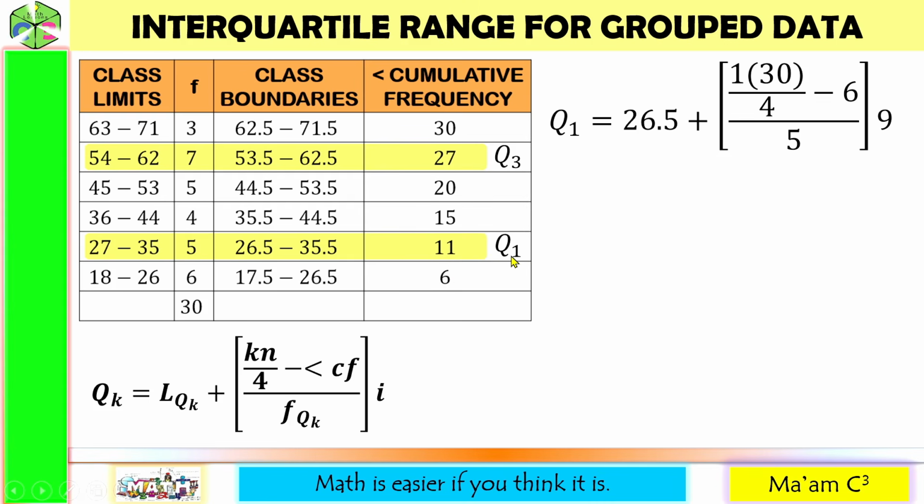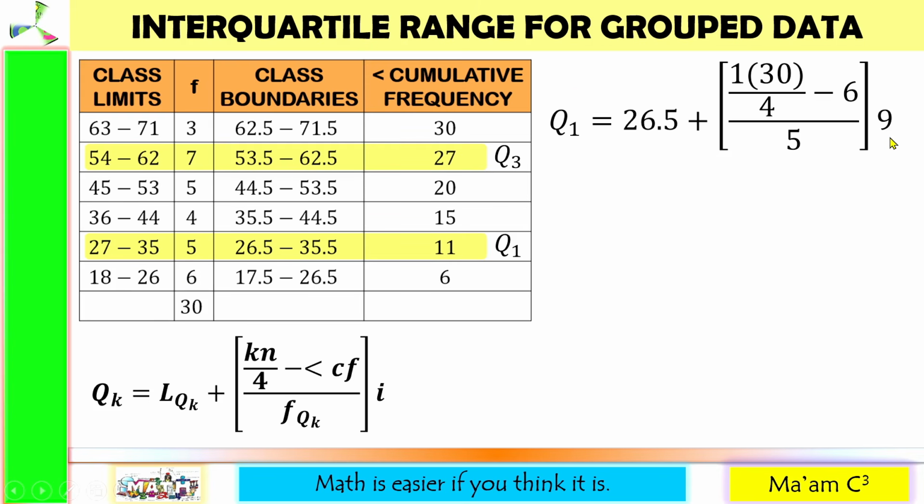If this is the quartile class, the class previous to it is this one. So the less than cumulative frequency is 6. Divided by the frequency of the quartile class, which is 5, times i, which is the class width. Again, for the class width, we simply subtract two consecutive lower limits or upper limits. 35 minus 26 is equal to 9.